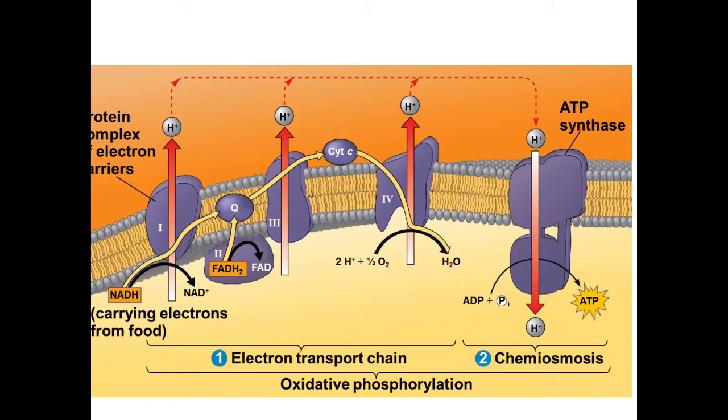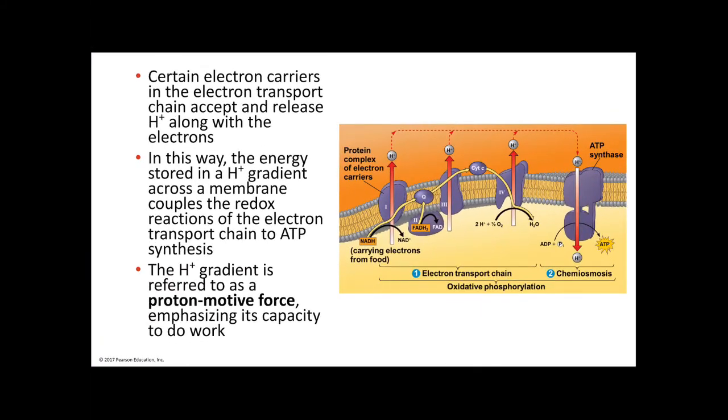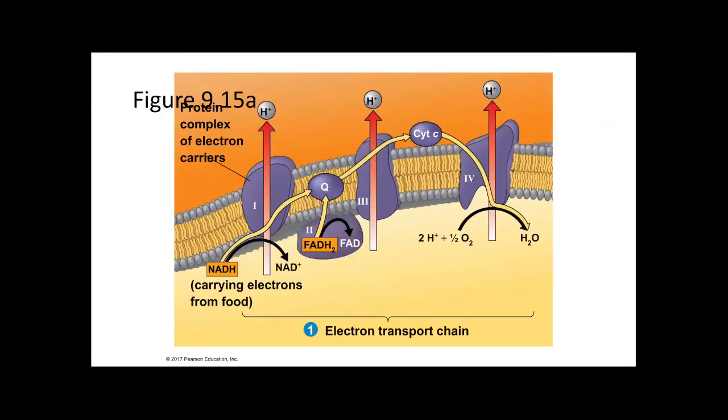Mitochondrial matrix is the darker orange at the top. Intermembrane space is the lighter yellow at the bottom. Those hydrogen ions will go through the ATP synthase and cause rotation. That rotation is going to trigger the phosphorylation of ADP to make ATP.